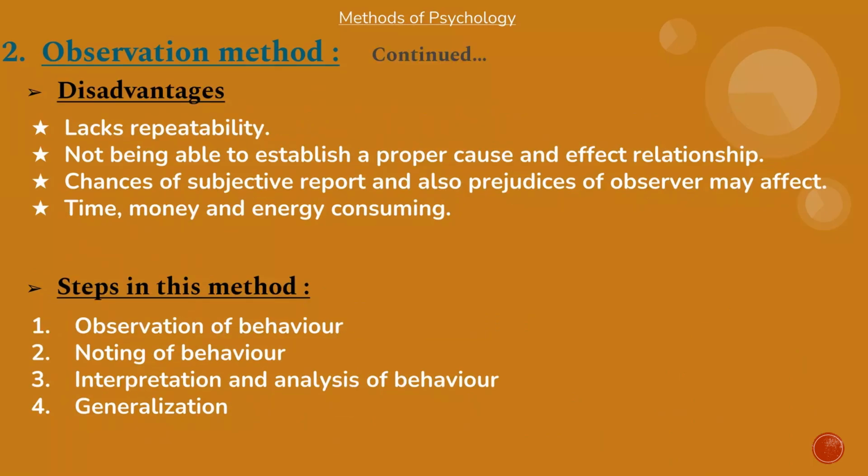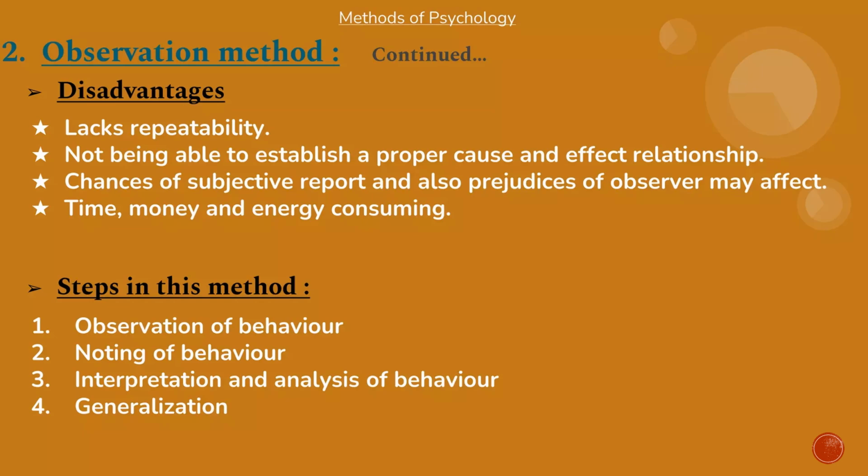So the disadvantages are it lacks repeatability. The things cannot be repeated. If you are observing one person passively, they have acted upon that psyche and showed some kind of behavior. That thing cannot be repeated because it is not a controlled experimental thing, and it cannot establish a proper cause and effect relationship either. And there are chances of subjective reports, and the prejudice of the observer may also affect.